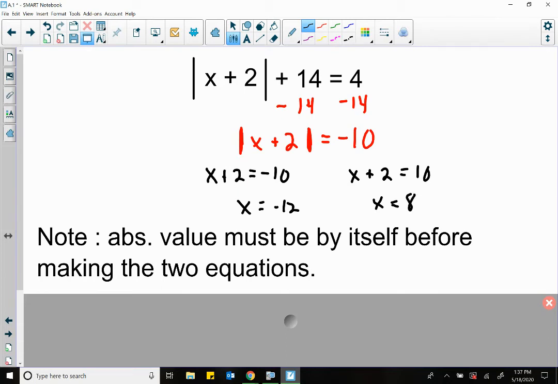And I will tell you that those answers are absolutely incorrect. Because if you plug those answers in, you will never end up with a 4. You will always end up with something bigger than 4. Let me tell you why it's incorrect, and that was what I accidentally kind of spoiled earlier.